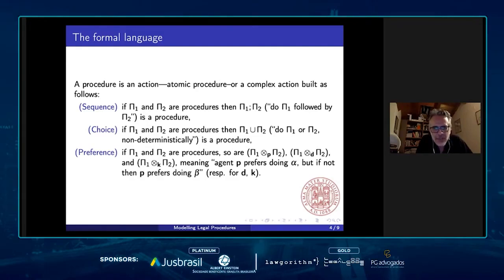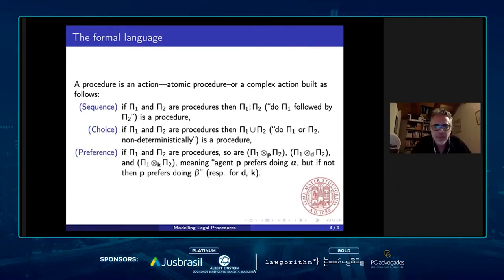So you may have a preference ordering for the plaintiff. Then it means that Pi1 is preferred over Pi2 according to the preference of the plaintiff, or you may have the same applied to the defendant in the case of the trial, and you can have a court with its own preference ordering.